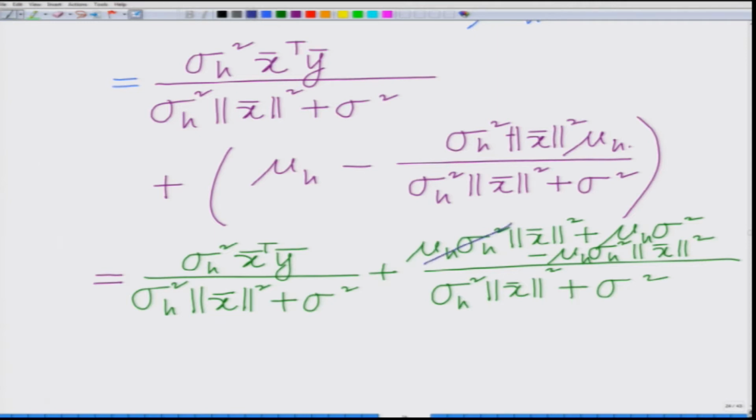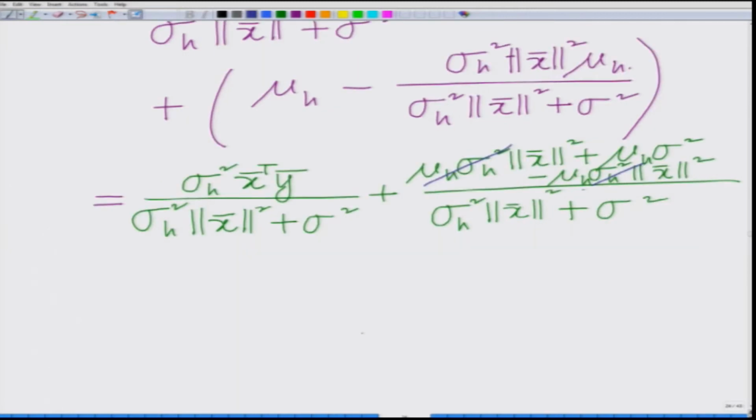Of course, these two terms will cancel, and what you have is basically the net.